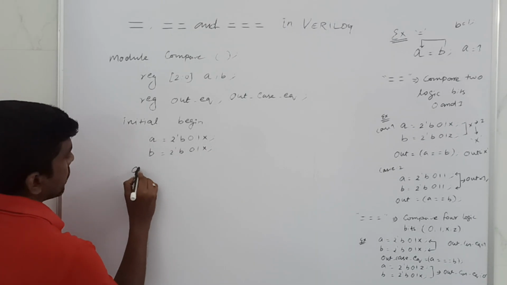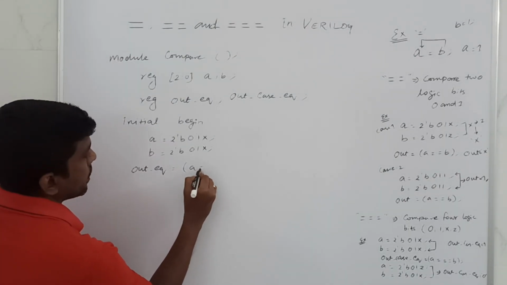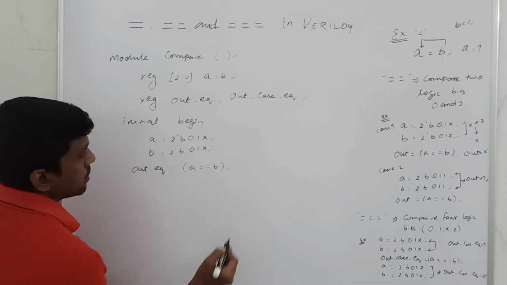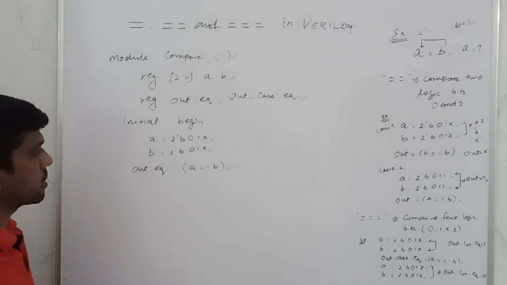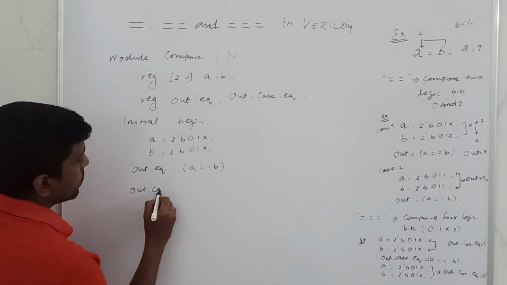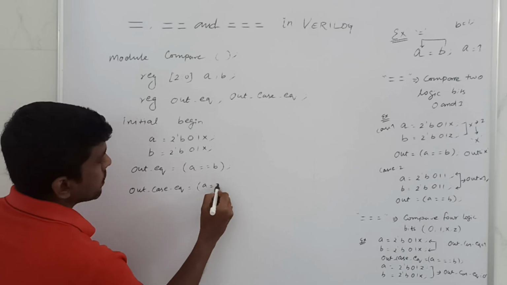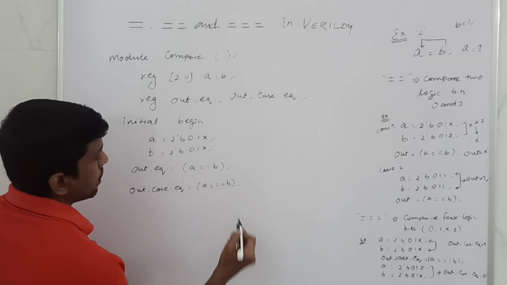Then out_equality = a == b, just to compare these two variables. The next one, out_case_equality = a === b.